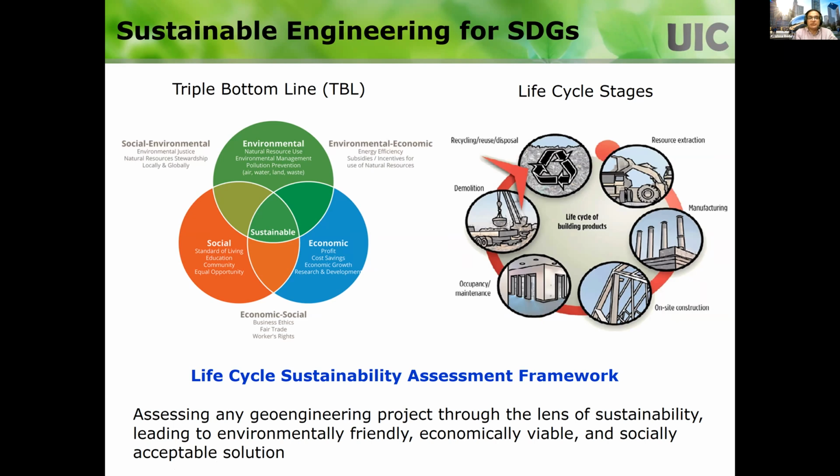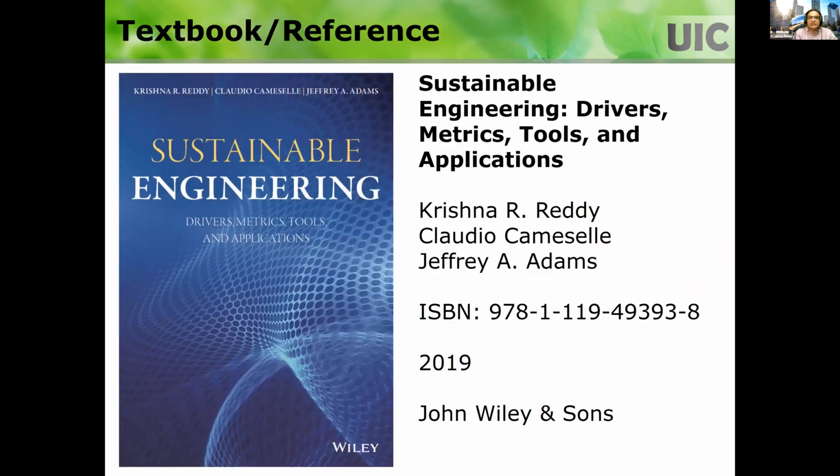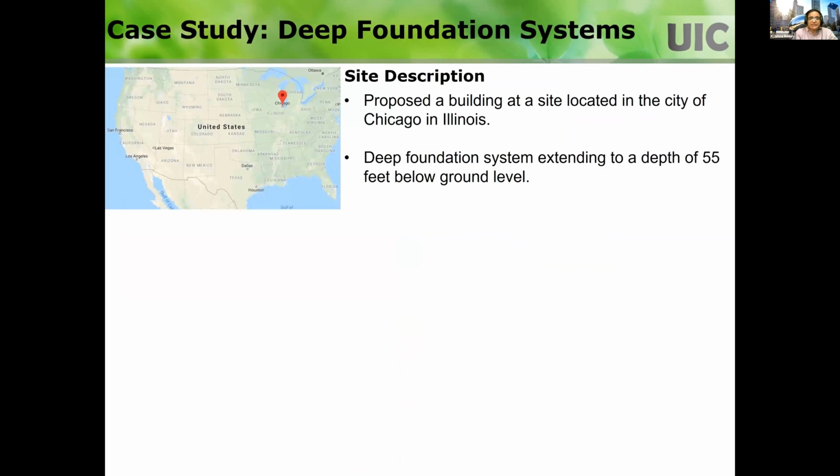We should be teaching our students to perform such analysis and make decisions on what is the most sustainable design. If you are interested in learning more about this methodology, I suggest you look at this book that shows this concept. Just to give you one example of how this can be done: I have a multi-story building and I need deep foundations.